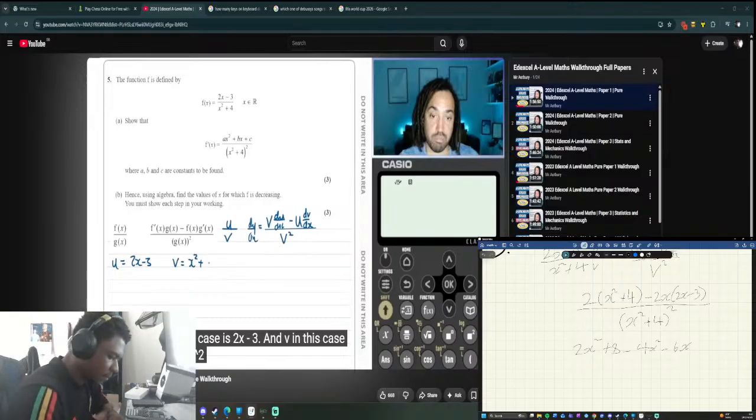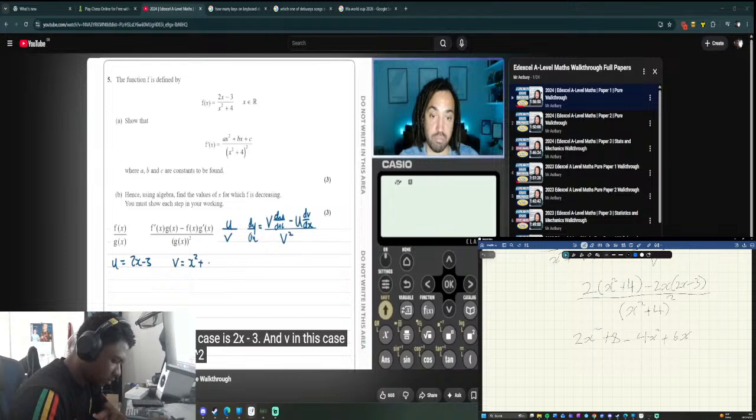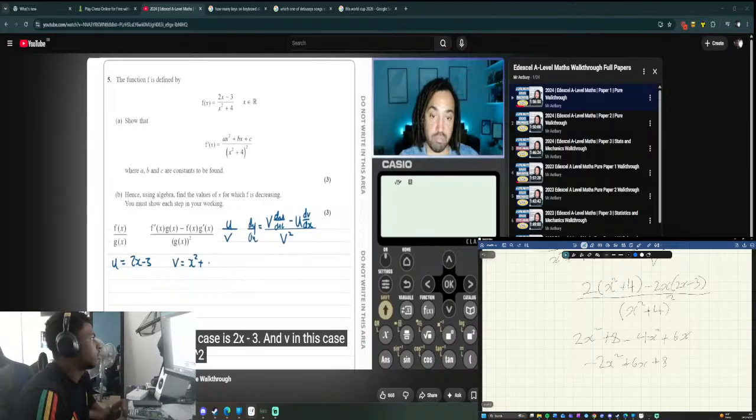No, it does not. Minus 4x squared plus 6x. Cool. Then 2x minus 4x equals minus 2x. So it should be minus 2x squared plus 6x plus 8 over x squared plus 4 squared.